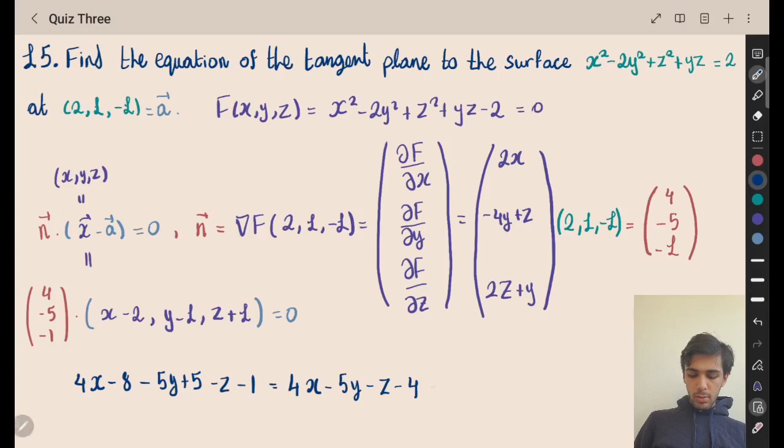Exactly. So this in the end will be equal to 0. If you want to maybe write the constant on the other side, then you can simply write 4x - 5y - z = 4.